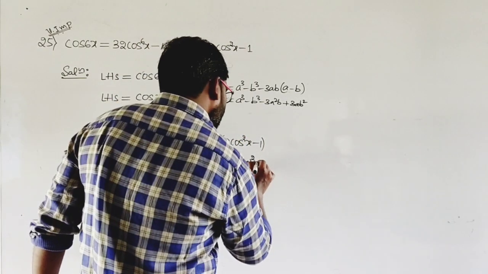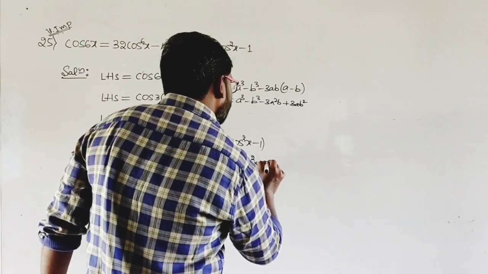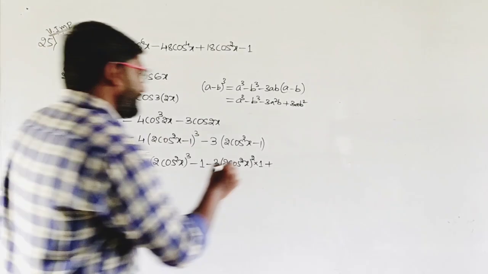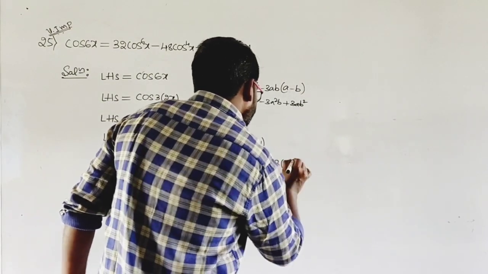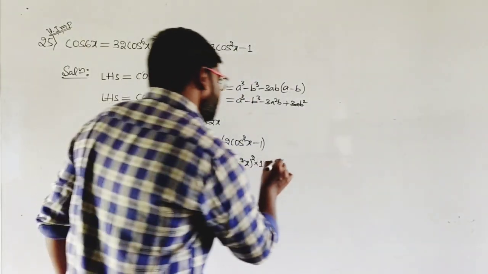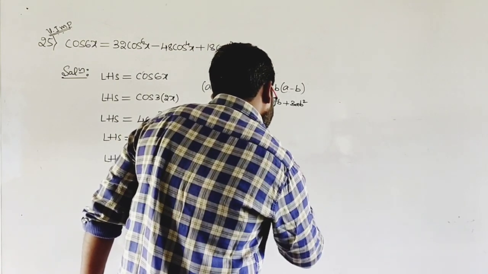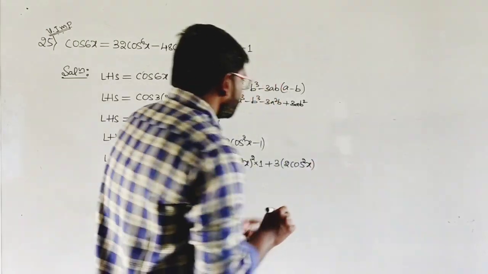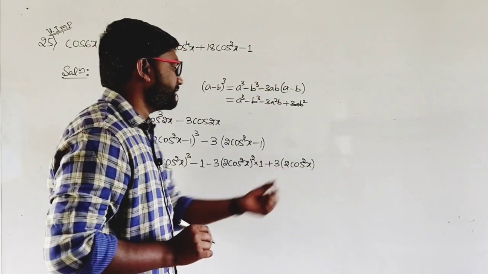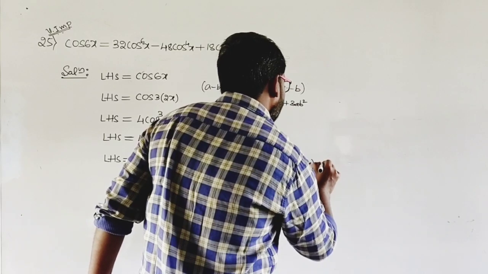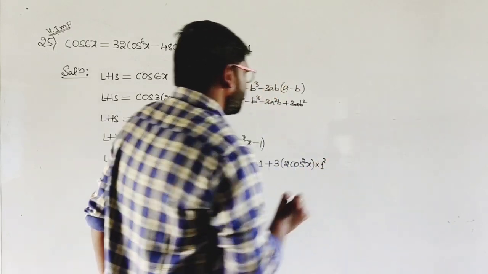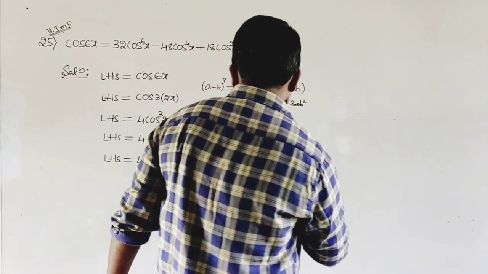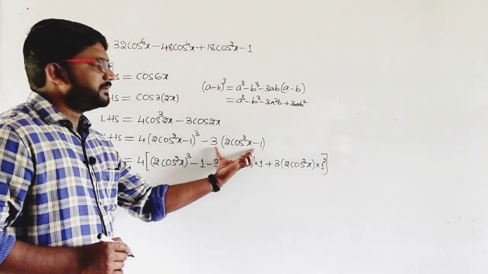Then plus 3ab square. 3a means 2 cos square x, and 3ab square, that is 1 square. Then we have to close this square bracket and then write this term as it is.